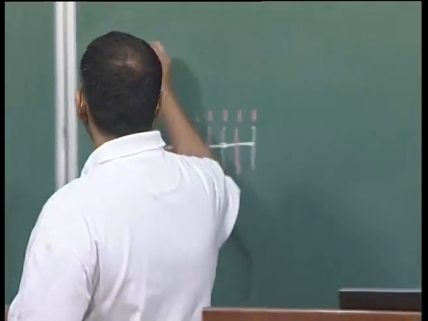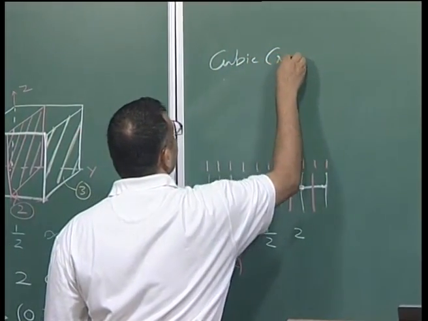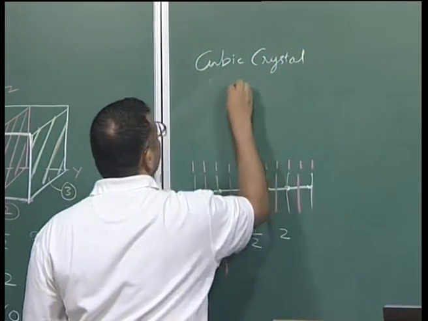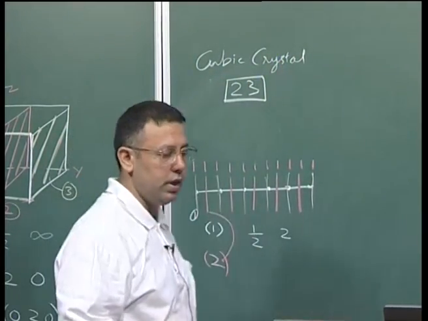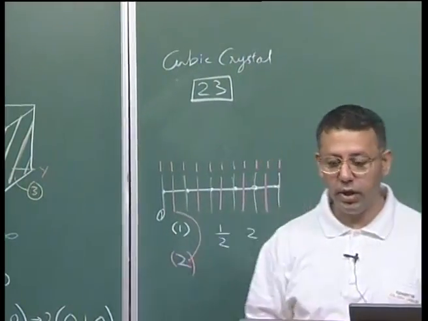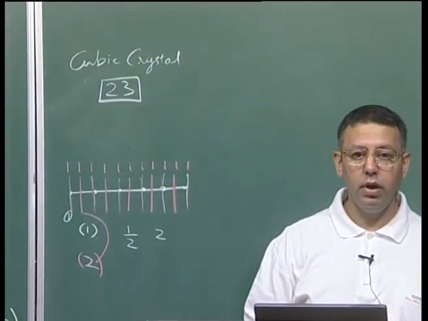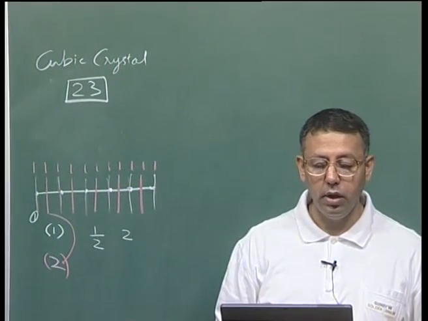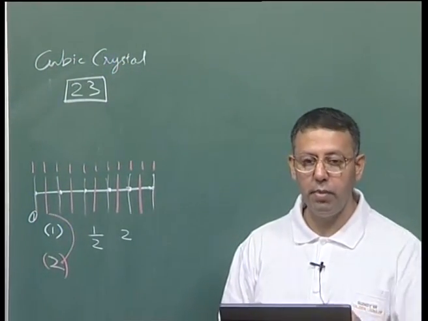Now suppose I am talking about a cubic crystal with 2-3 point group symmetry. That means it has a lower symmetry, and this is nothing but the tetrahedral symmetry. Then in such a crystal, there will be only 4 members in this family which will form a tetrahedron, and you can see the 4 members of that family inscribed within a tetrahedron.